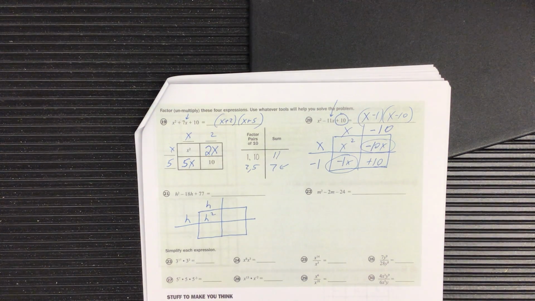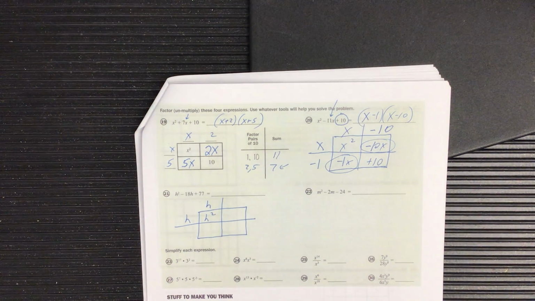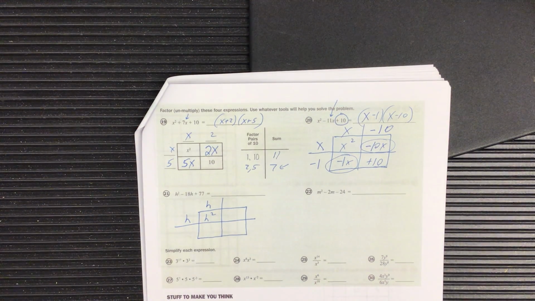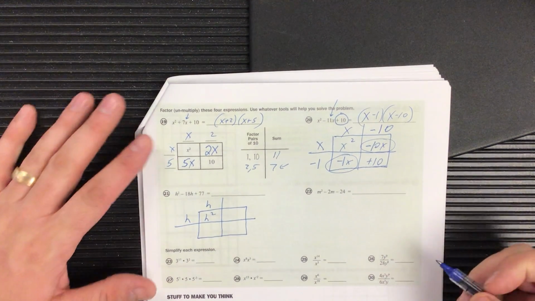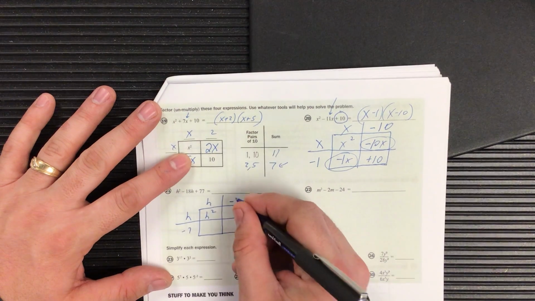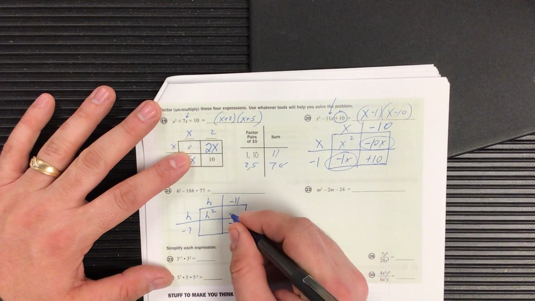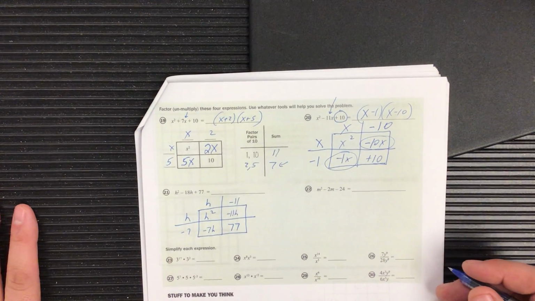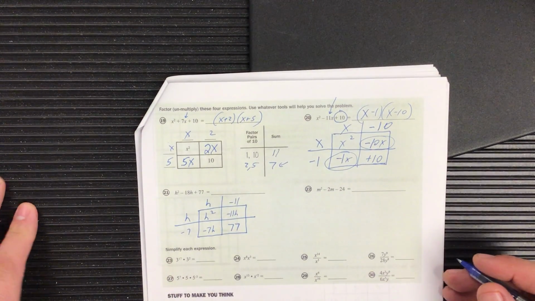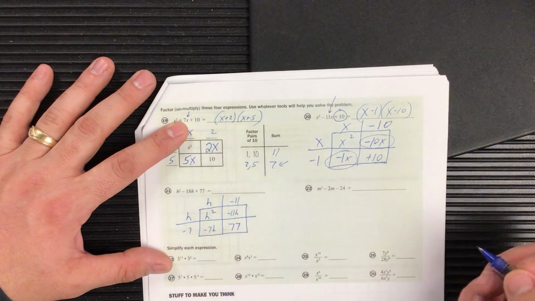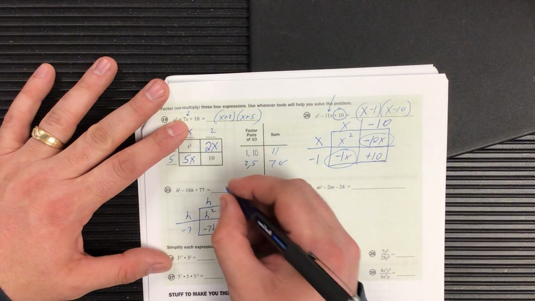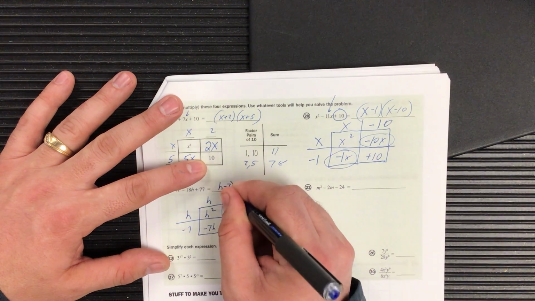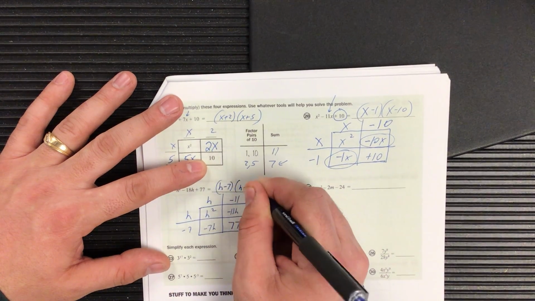Negative 7 and negative 11. And again, that's how you will get negative 18. Negative 7h and negative 11h add up to negative 18h. Two negatives make a positive, which is how you get 77. So your factors are h minus 7 and h minus 11.